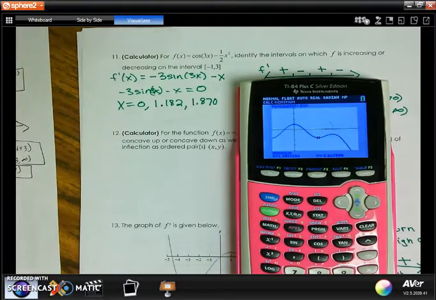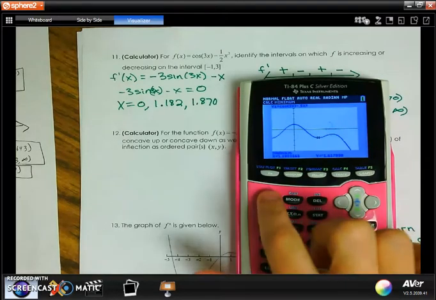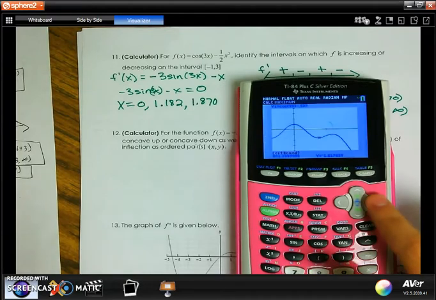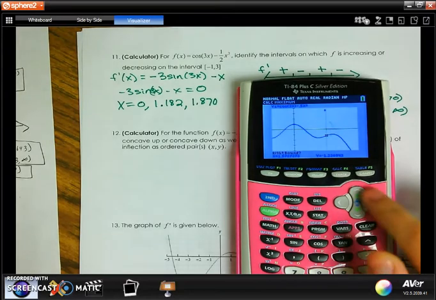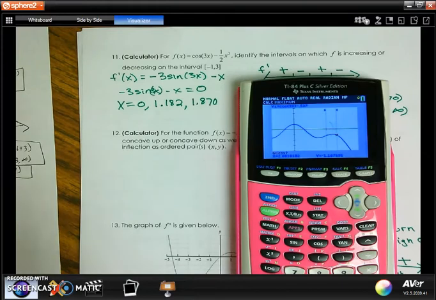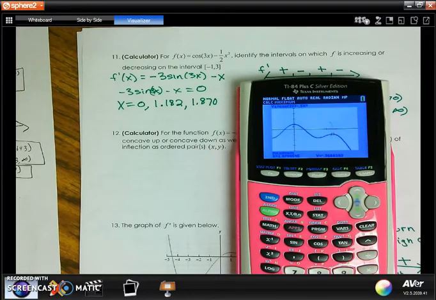Notice that it gives you that same 1.18 that we got previously. To find the other one, you could do second, calc, maximum this time. I want to go to this peak here, hit enter, and then go to the other side of the peak and hit enter. Again, it gives us that 1.87 number. And again, you could tell right away that at x equals 0, it also has a maximum there.